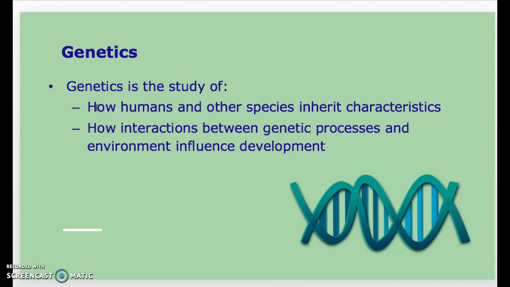And what is your DNA? Because DNA is really the chemical processes that tell your body what to do. So things like what color is your hair? How far apart are your eyes set? What color are your eyes? How tall are you? And even your intelligence is influenced by your DNA.